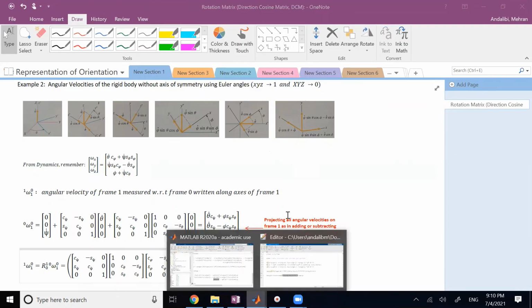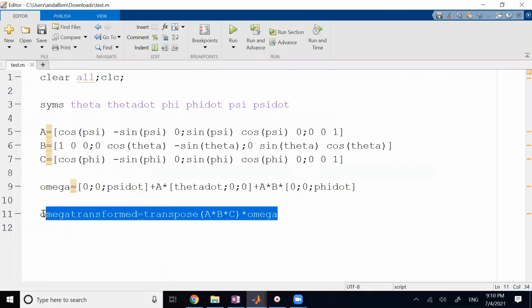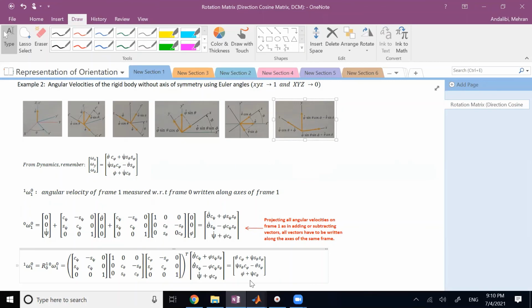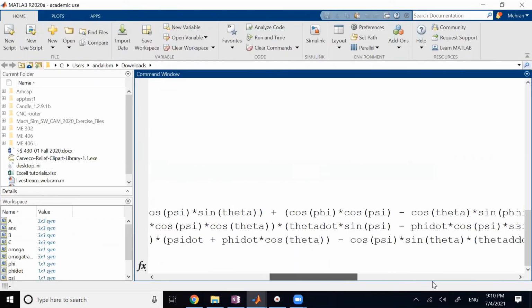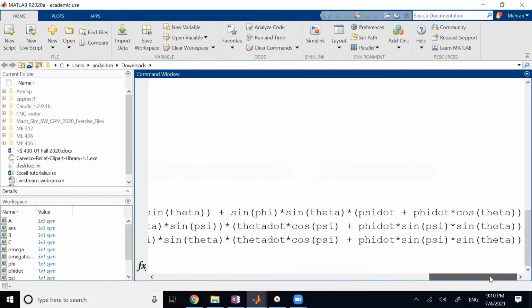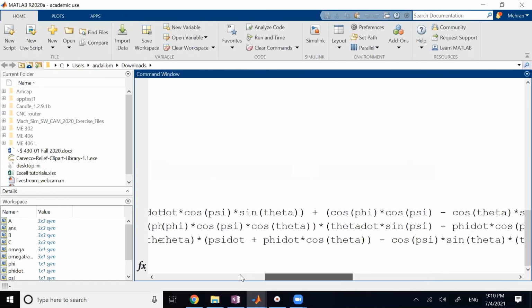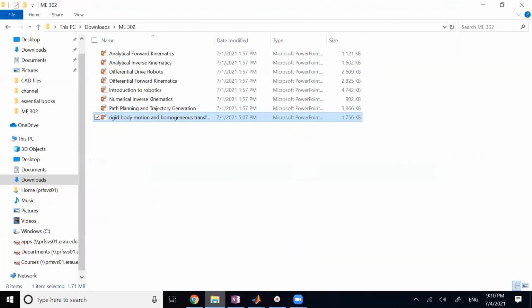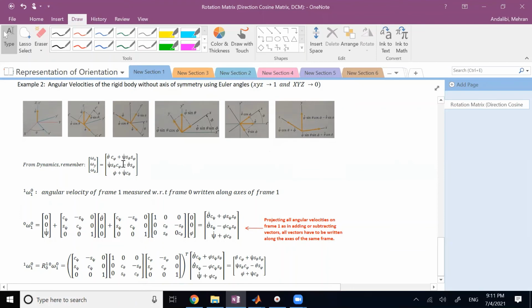And here, that's what I do, and it gives me this result, which is quite long. This result does not look as nice as that one that I have over here. There are quite a lot more terms in each one.